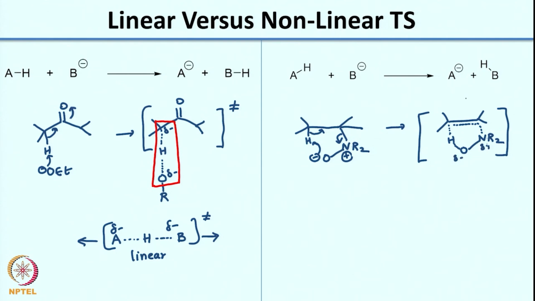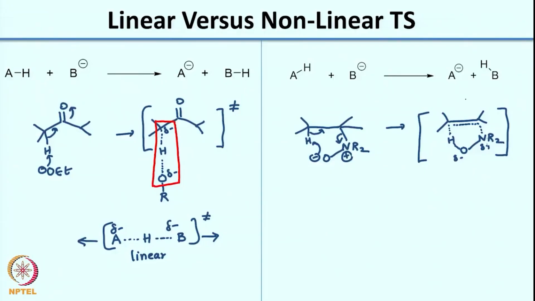So now what you see is your transition state is not linear anymore, right? Just because you have in this case a base which is a neighboring group. So the base is actually abstracting the proton, and because it is a neighboring group, the geometry is constrained. It is not linear like you had seen in the earlier case, it is quite constrained.